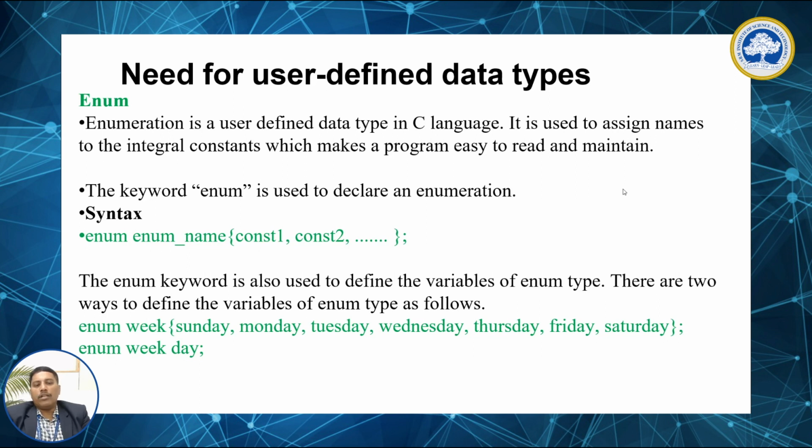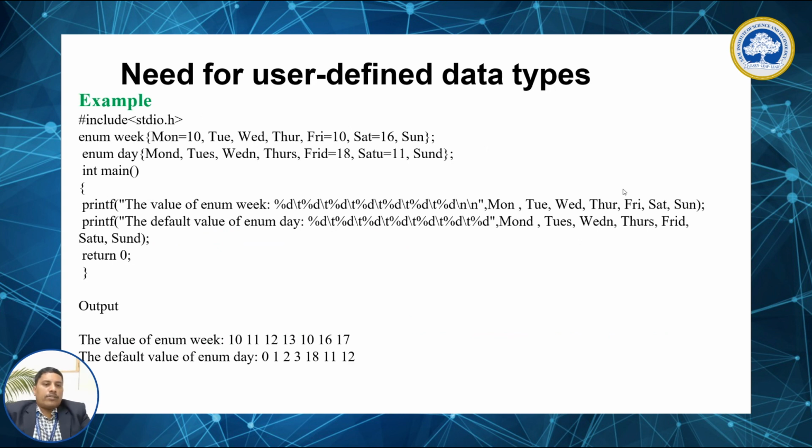As per the example, Sunday is 0, Monday 1, Tuesday 2, Wednesday 3, Thursday 4, Friday 5, and Saturday 6. So if you access Saturday, the constant value 6 is assigned, and for Tuesday, the value 2. That's the beauty of the enumeration data type.